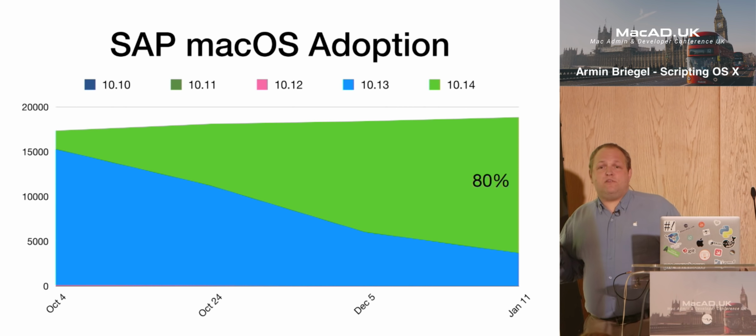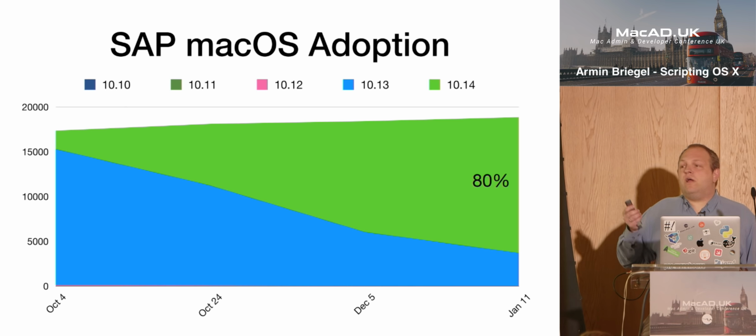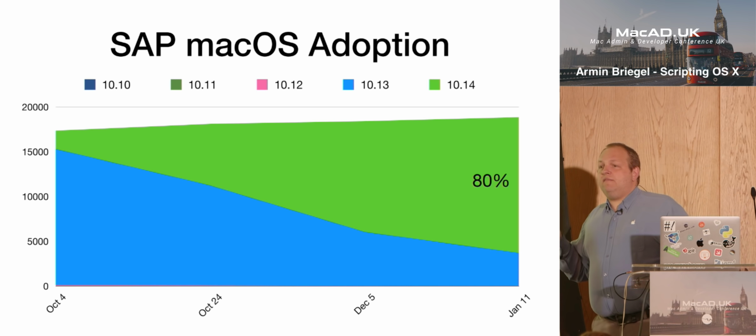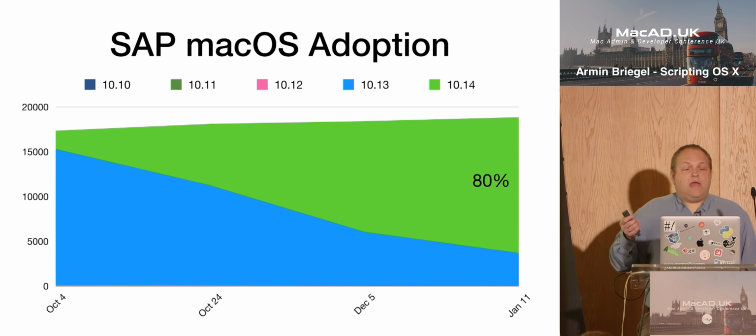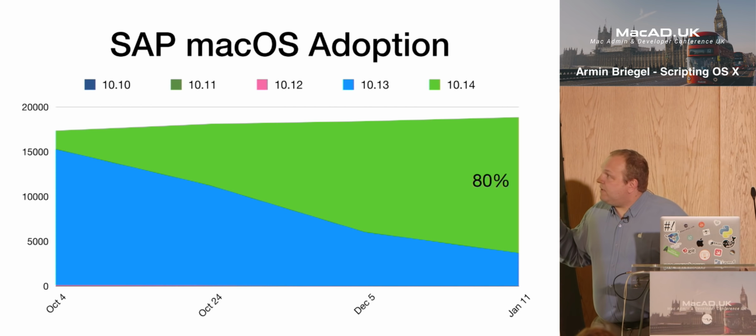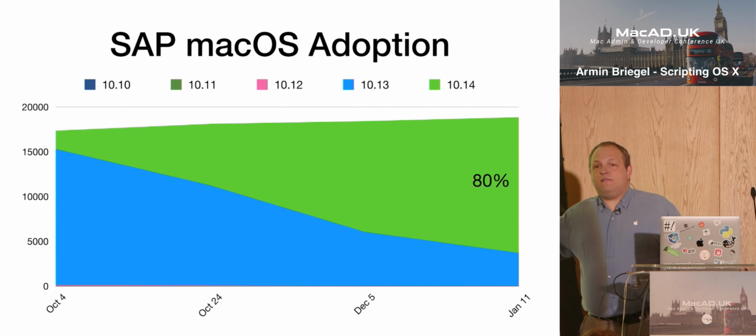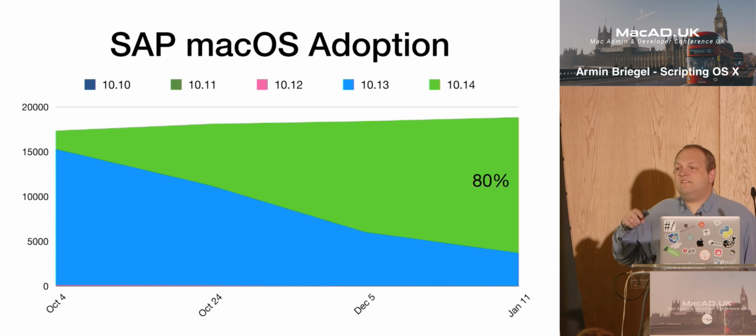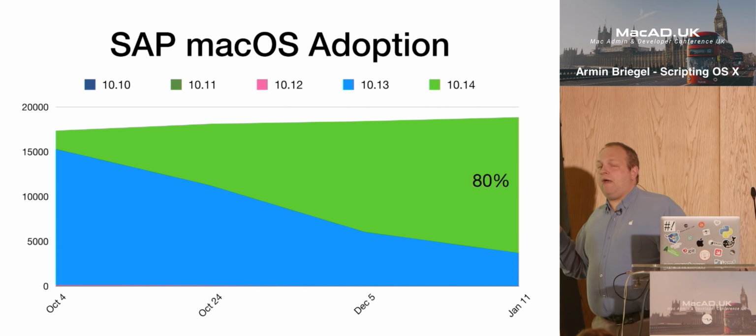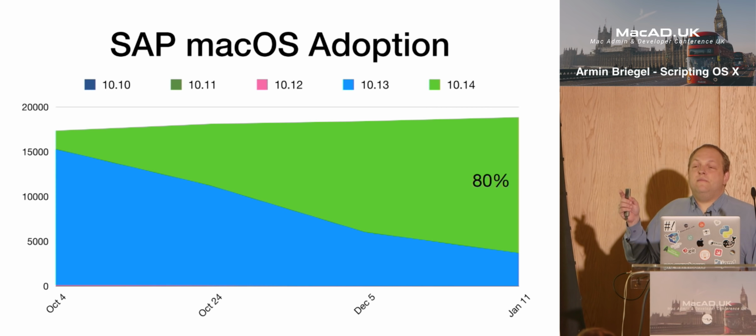It took a bit more than 2 months for 80% of the SAP Mac fleet to be running Mojave. And if you look at the numbers, their entire fleet is nearly 20,000. Actually, last week, she tweeted that the SAP team passed the 20,000 installed Macs mark worldwide.